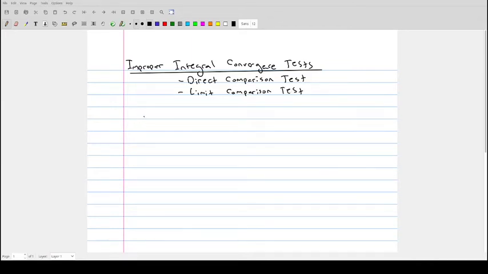And the motivation for both of these tests is the following.